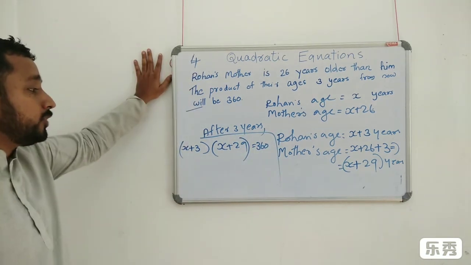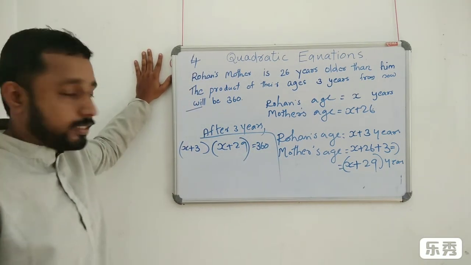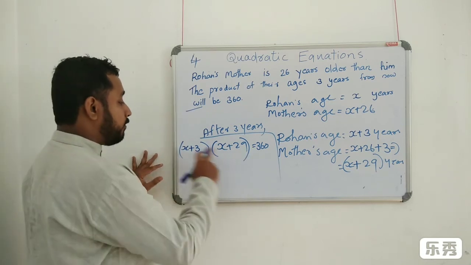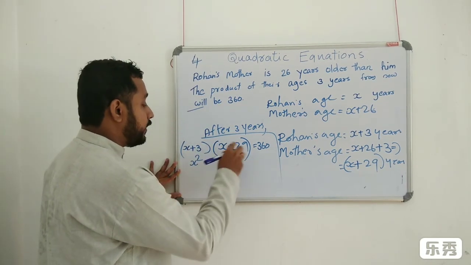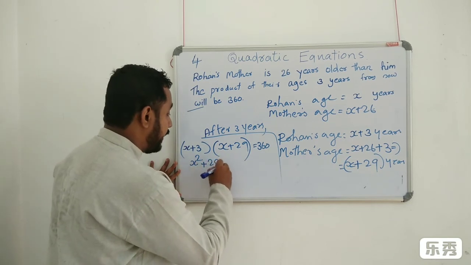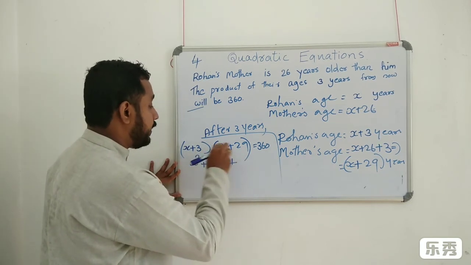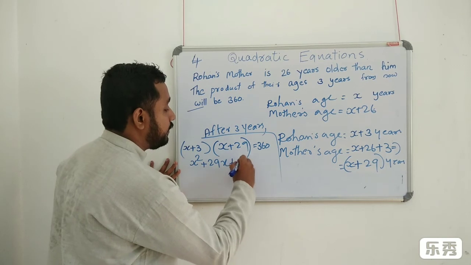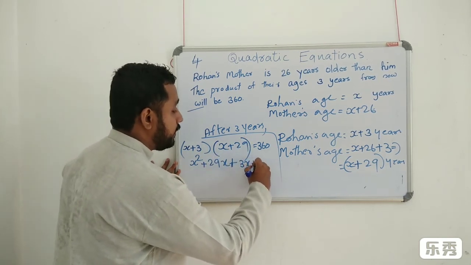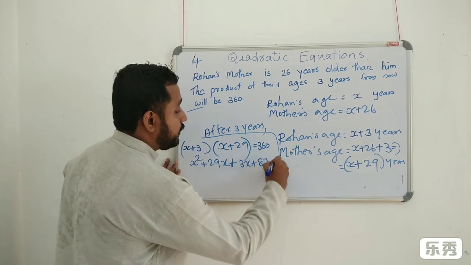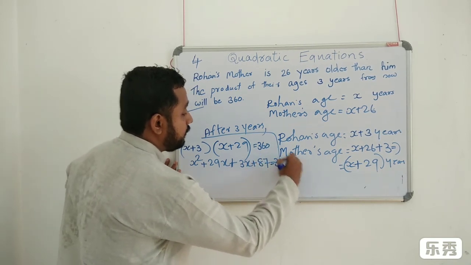Expanding this bracket, we get x into x, x square, x into 29, 29x, x plus 3 into x, 3x, 3 into 29, which is plus 87, which is equal to 360.